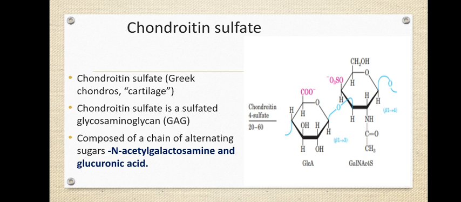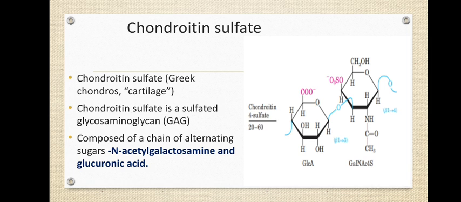Bone is generally formed of inorganic minerals, whereas chondroitin sulfate forms the matrix of cartilage. Sulfate because it contains a sulfur group.